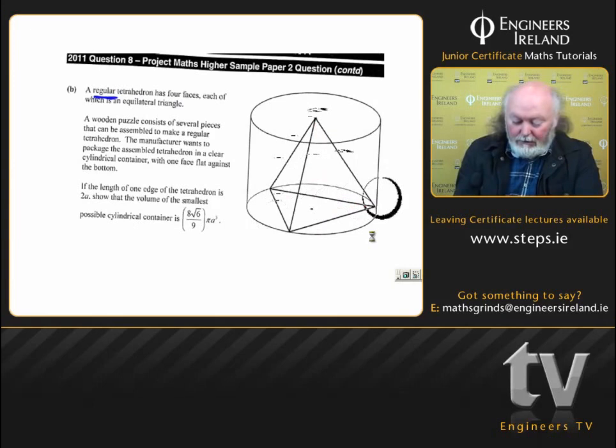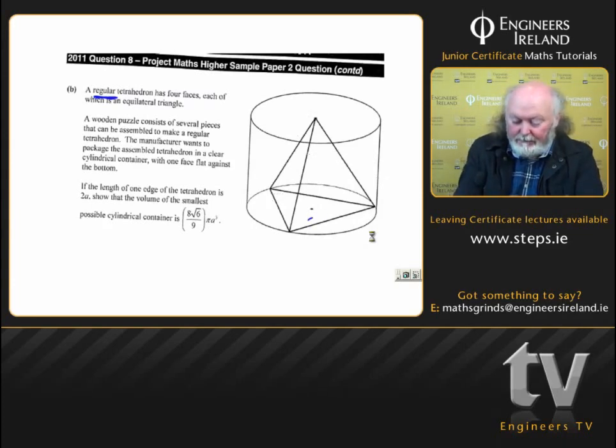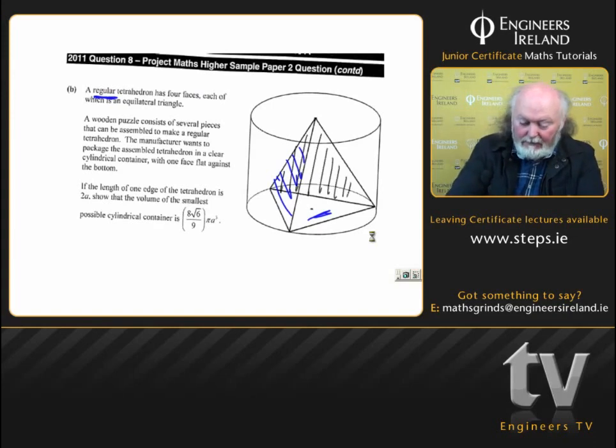Okay, we've got over the wordy bit. It has four faces. The one down at the underneath here, and each of the three sides. That side, the one in the back, and the one in the front here.